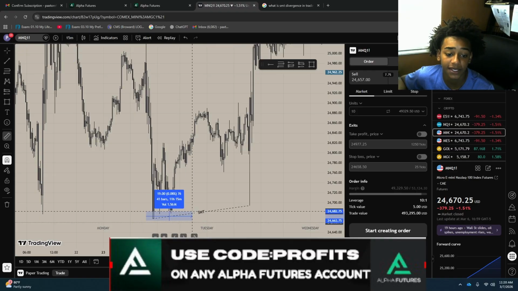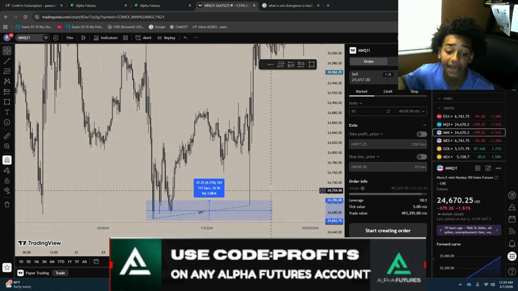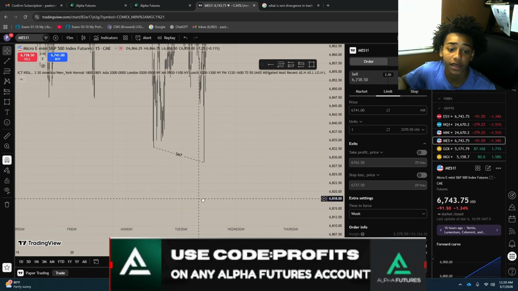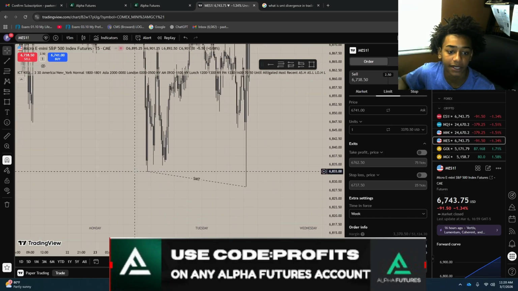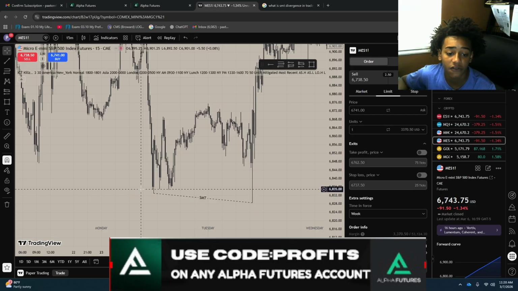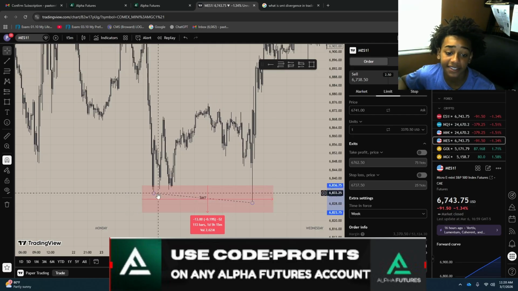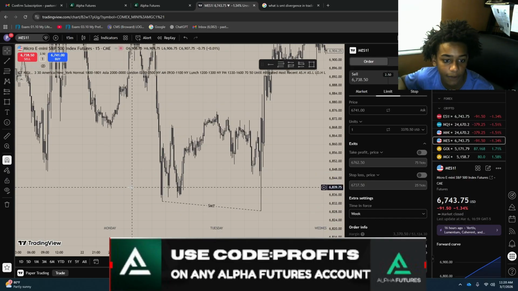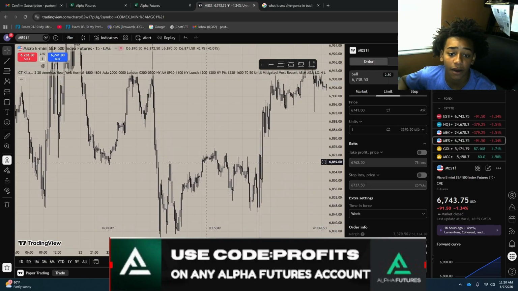We didn't manipulate on the NASDAQ, but on the S&P 500 we actually came down and manipulated this, creating a bullish SMT this time. That's a very good indicator, and this is previous day lows.